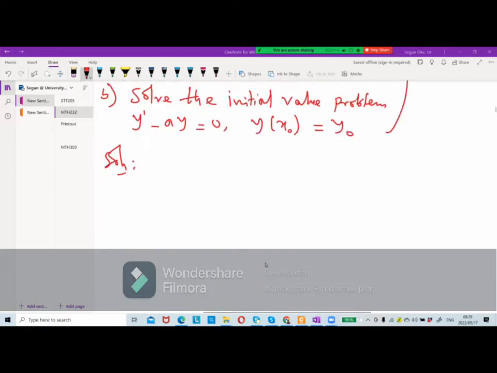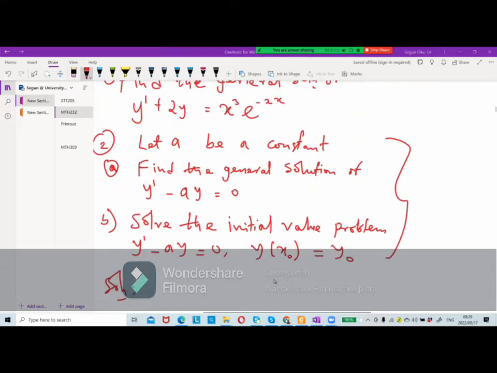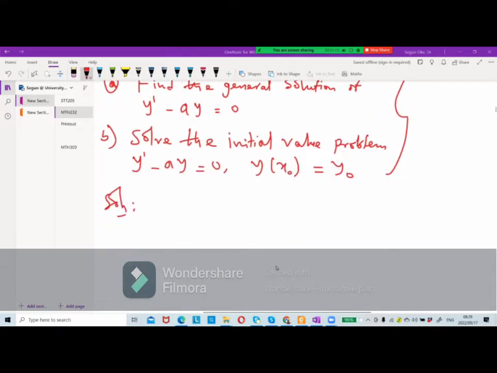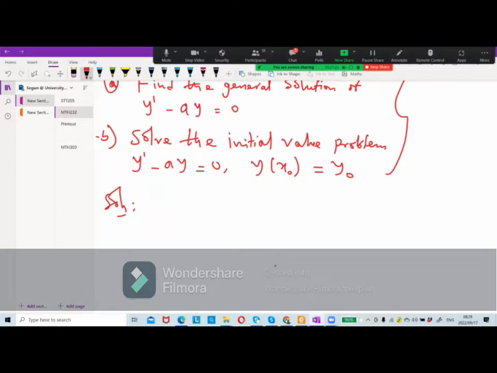It says y prime minus, we are solving question 2 now. From our calculus, we know if C is any constant, then our y is equal to, we have y prime minus ay equals 0.